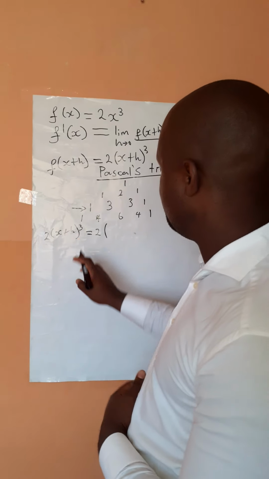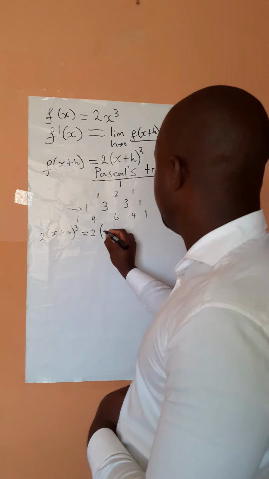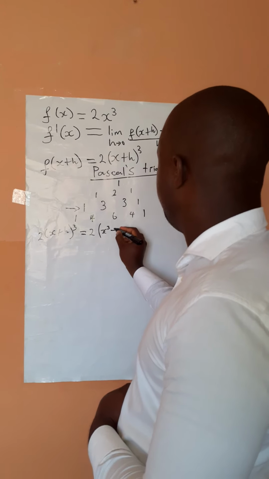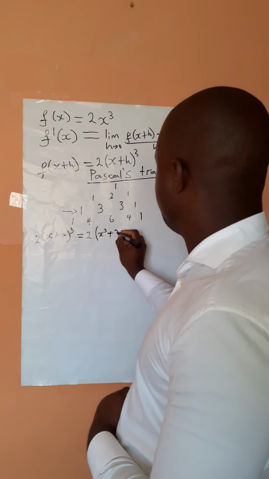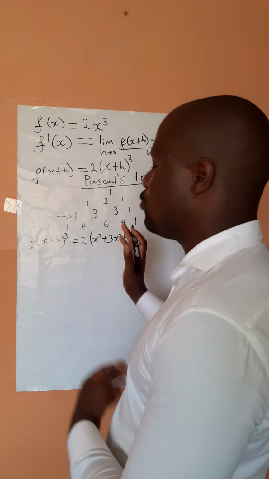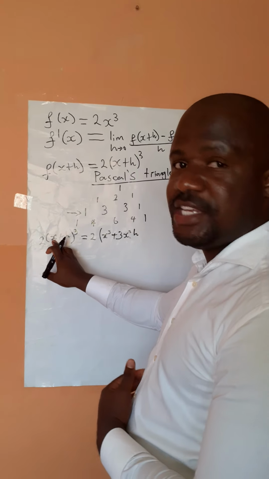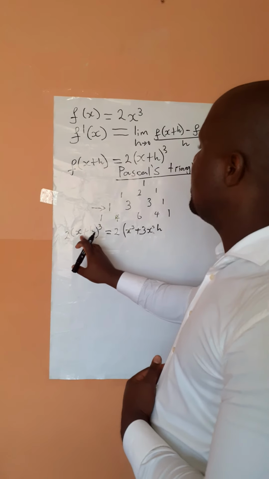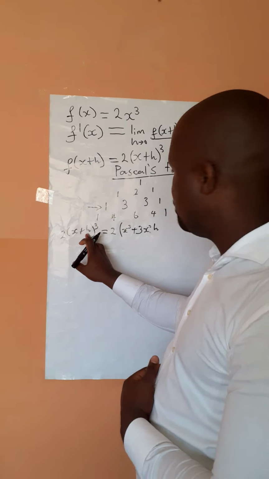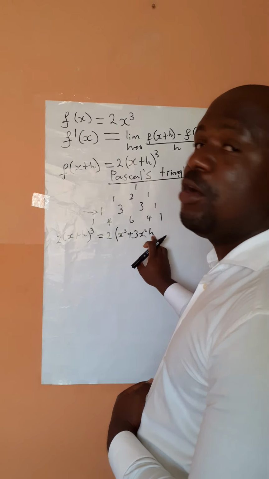So this is what you're going to do. The first coefficient is 1, so you have x to the power 3 plus, you take 3, and you have x squared h. As you move from left to right, the powers of x decrease because this is the first term, and the powers of h increase. Here the power of h was 0, and here the power of h is now 1.